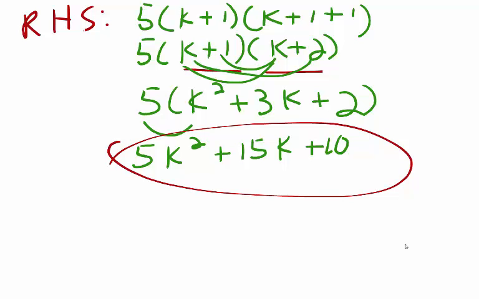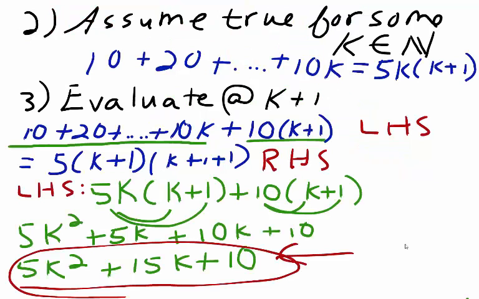Once we've distributed the terms on the right-hand side, we get 5k squared plus 15k plus 10. Looking back, we can see that this is the same as our simplified expression on the left-hand side.